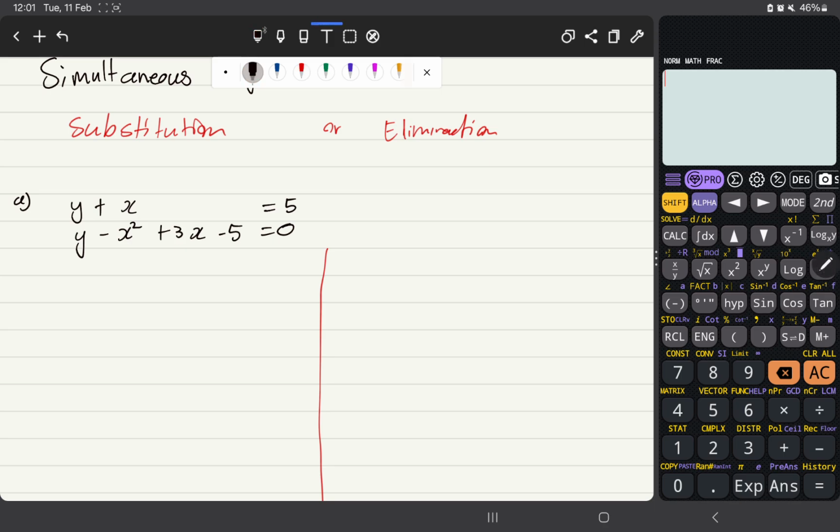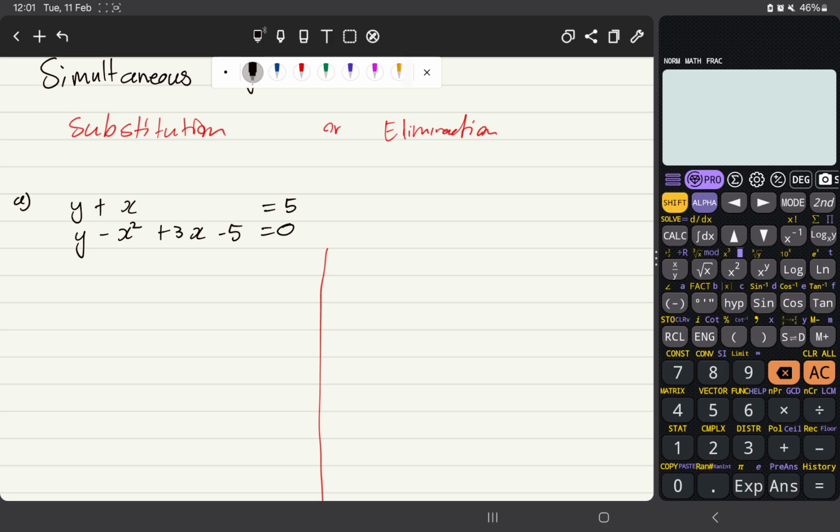So number one, for the substitution method, you can already hear from the word that we want to substitute something by something, right? And also you want to make your life very easy. You don't want to complicate your life.